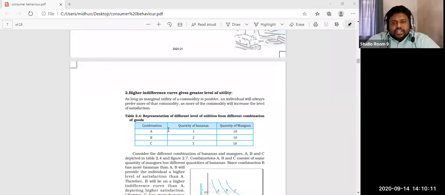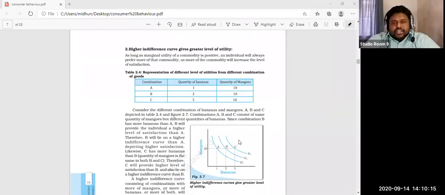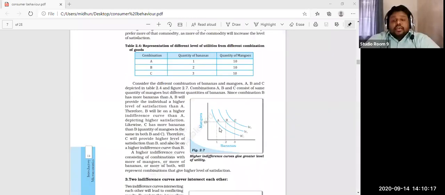Figure 2 shows that. Here, the number of mangoes is not changing, but the number of bananas is increasing. As a result, the indifference curve is moving in an upward direction, showing upward growth. So the higher the indifference curve, the higher the utility and the higher the satisfaction.